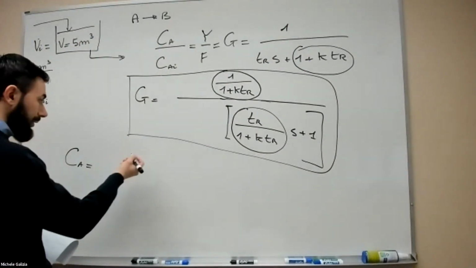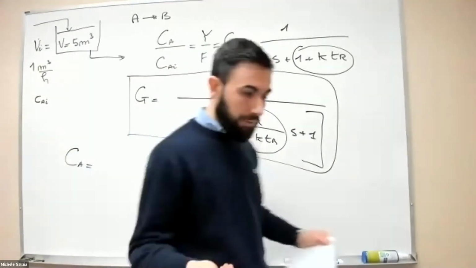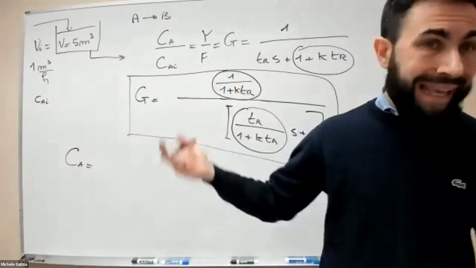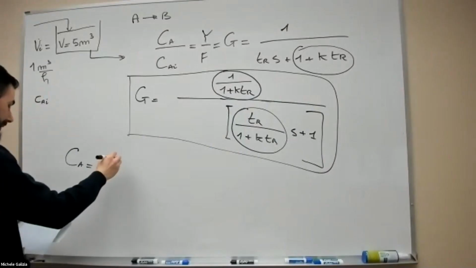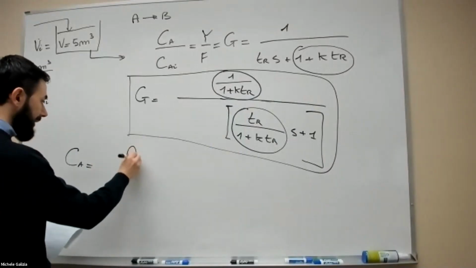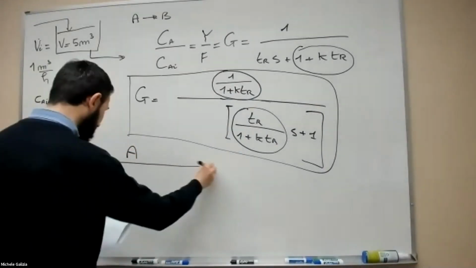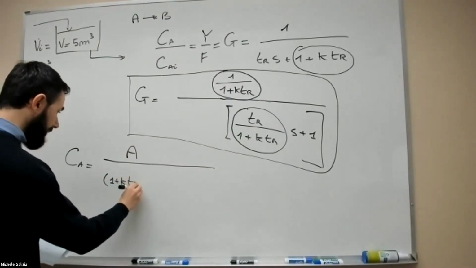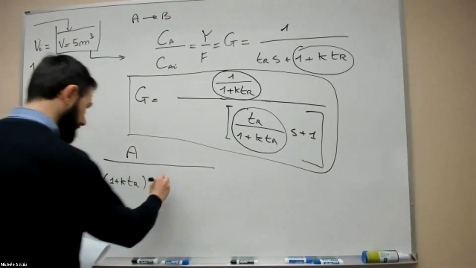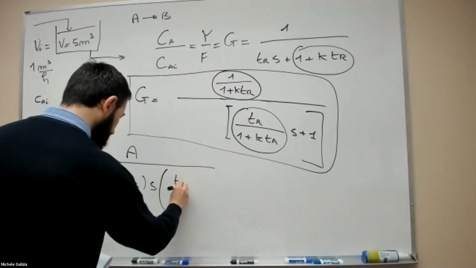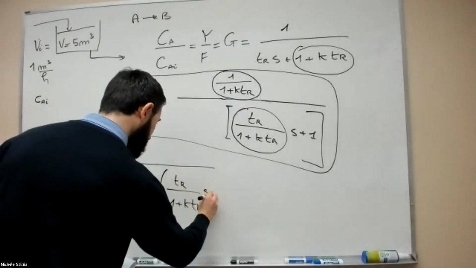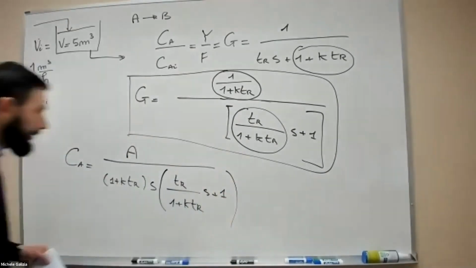If the step that we apply on the inlet reactant concentration has generic amplitude A, CA in the Laplace domain will be A divided by (1 plus K TR) s times TR over (1 plus K TR) s plus 1.